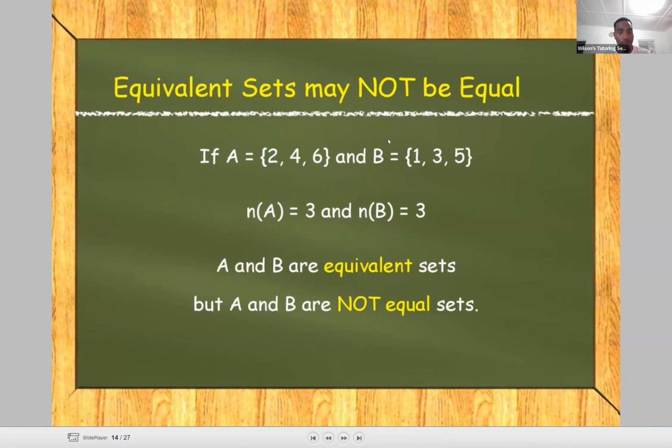That would make set A and set B equivalent on the basis that they have the same number of elements, but A and B are not equal sets because they do not have the same elements in each set.